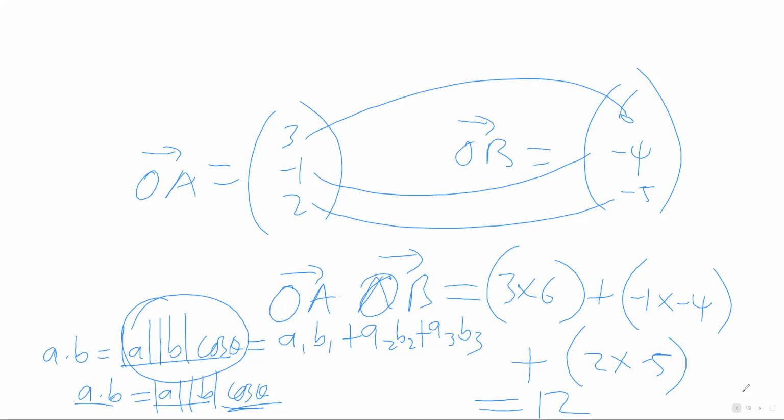So we just have cos theta is equal to this, A dot B, divided by the magnitude.